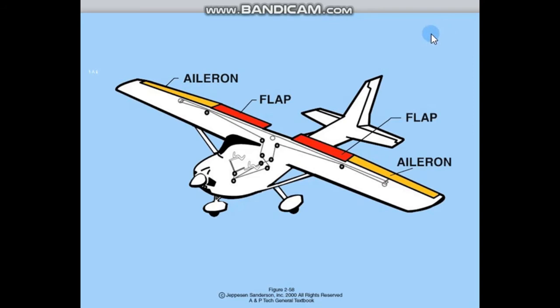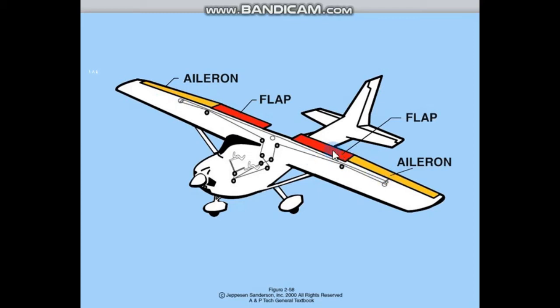As we see in this figure, the outer part from the midpoint to the tip is called the ailerons. And as we talked, the ailerons move in opposite direction. What does moving in opposite direction mean? That means when this aileron goes down, this aileron will go up.